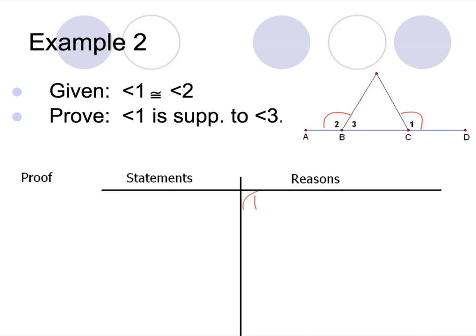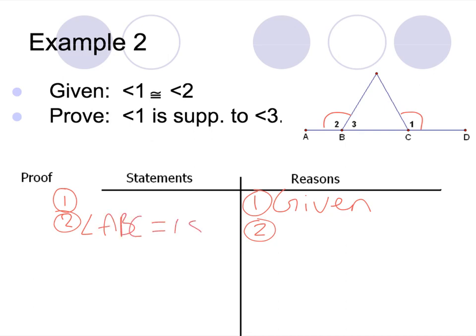Well, I've got a straight angle, which is 180 degrees, and I know if two angles add to 180, they are supplementary, right? So I think we need to state that first. All right, so I'm going to go ahead and say angle ABC equals 180.